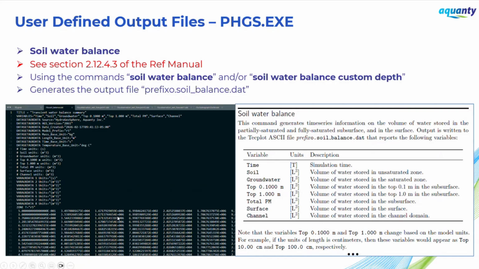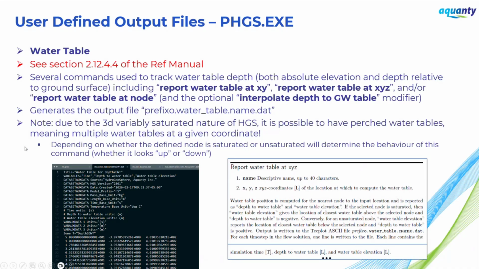Soil water balance command is very easy to use. It basically just tracks the total volume of water within different parts of your model, in the unsaturated zone, in the saturated zone, and then at different depths within the model. The water table command will allow you to track the water table depth at different locations.